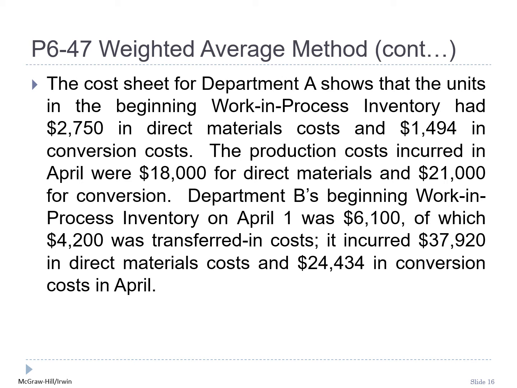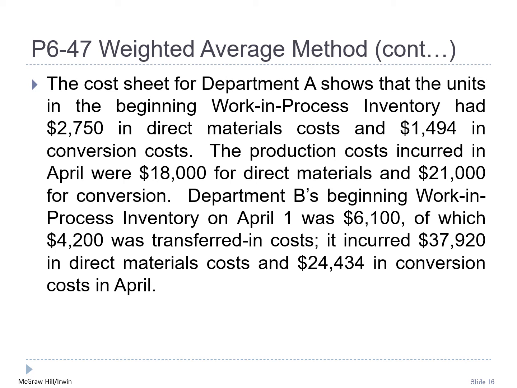Sabi niya dyan, the cost sheet for Department A shows that the units in beginning work in process inventory had 2,750 in direct material costs and 1,494 in conversion costs. The production costs incurred in April were 18,000. So meaning, yan yung cost added. Yung 2,750 tsaka 1,494 cost ng beginning inventory yan.